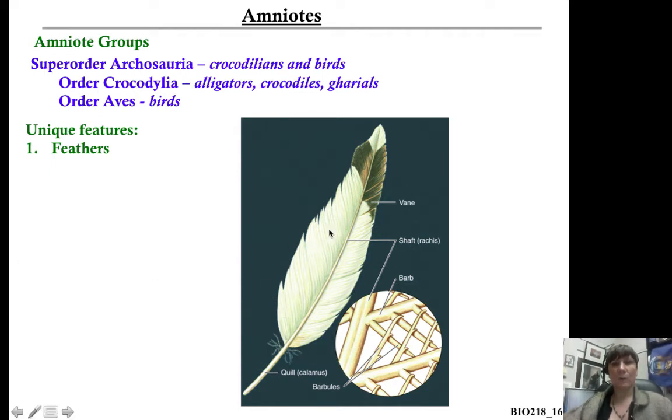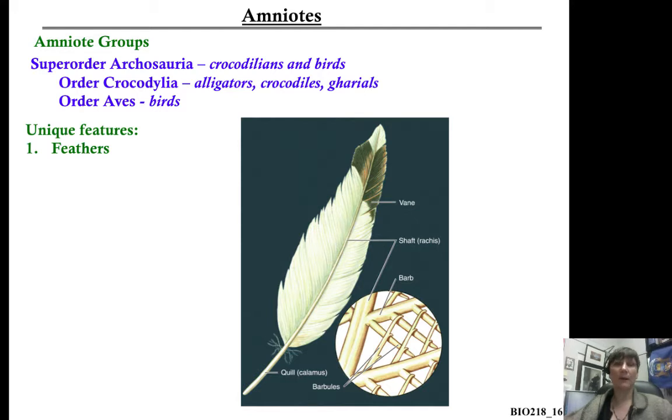Now, their feathers are quite complex, and I'm showing you an image here of one kind of feather that shows some of the microstructure. They're made up of a complex of shafts or rachis and barbs and barbules that together form this particular type of feather. It's important to note that there is not just one kind of feather on the bodies of birds.